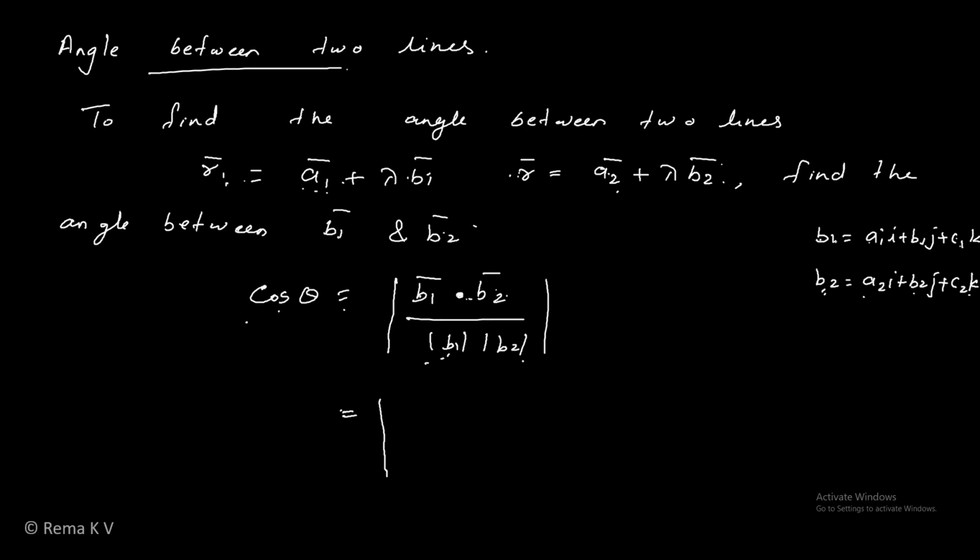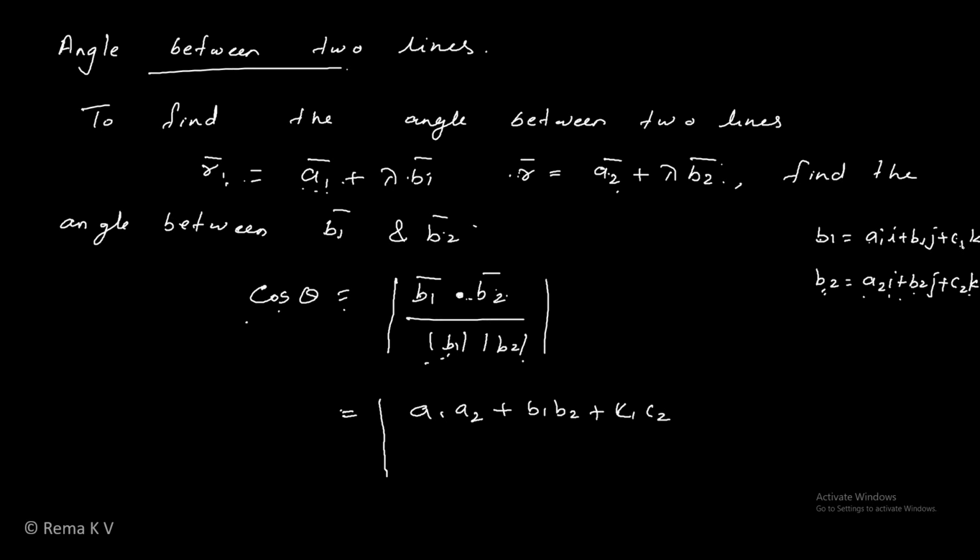What is b1 dot b2? It is a1 a2 plus b1 b2 plus c1 c2.